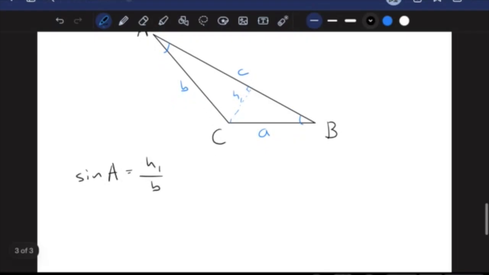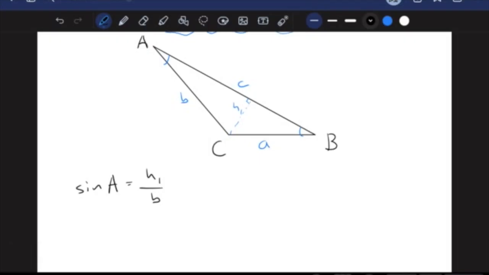This is just the basic trig that we've talked about previously. Rearranging this equation, we multiply b to the other side to get h1 on its own. We get this particular thing here. Now we can do the same thing with our angle B. We're going to say sine of my angle B equals h1, opposite, over my hypotenuse, which is a. Rearranging this gives me a times sine B equals h1.